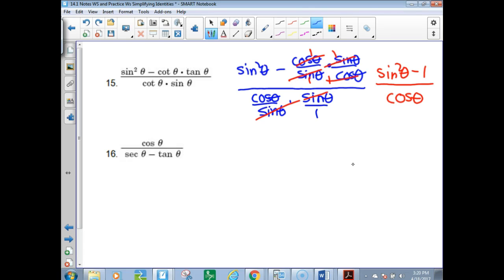What can I trade this for? Cosine squared. So I've got cosine squared theta over cosine theta, which reduces, yes, to cosine. The final answer is cosine theta.